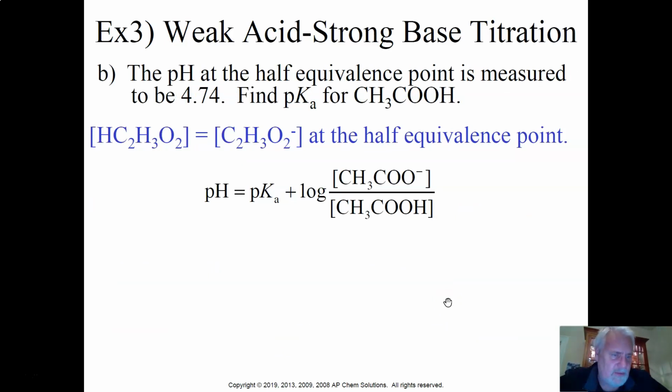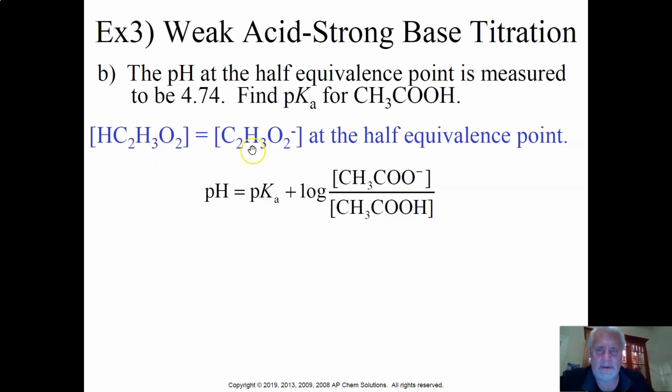at that half equivalence point, the pH was measured to be 4.74. Find the pKa of the weak acid. When you think of pKa, think of weak acids. Certainly that is something.